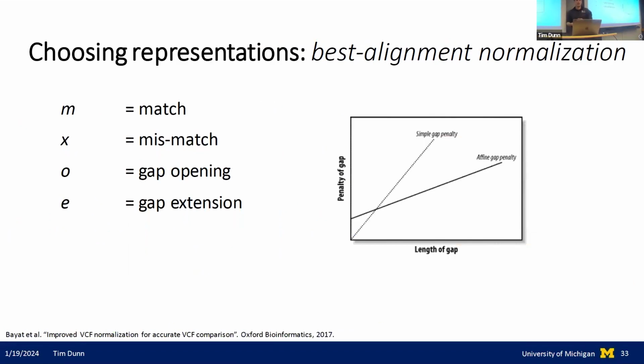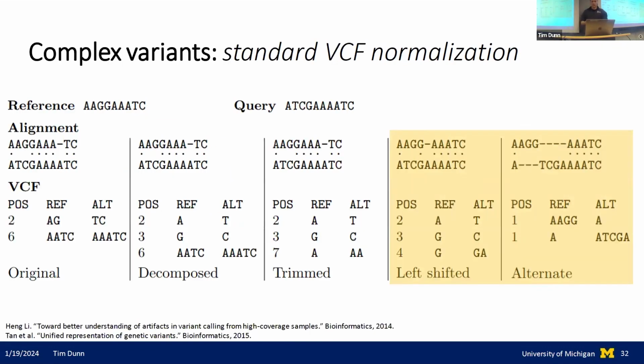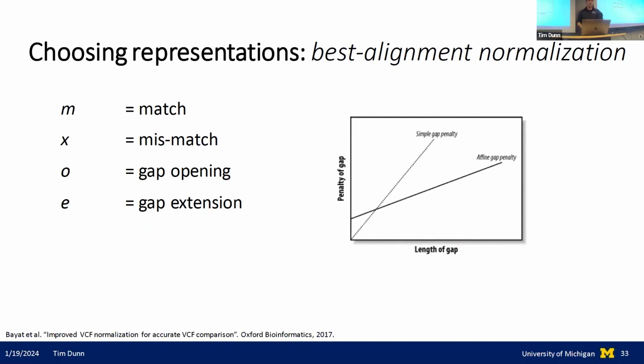So what we looked at is something called alignment-based normalization. So back here, the two representations result from two different alignments. So if you could standardize the parameters for the alignment, then you could have standardized representations for these more complex variants.